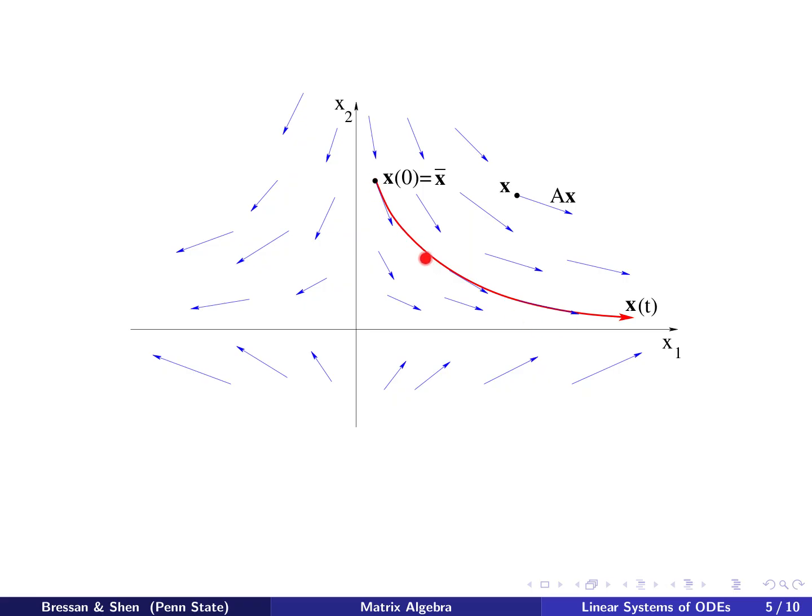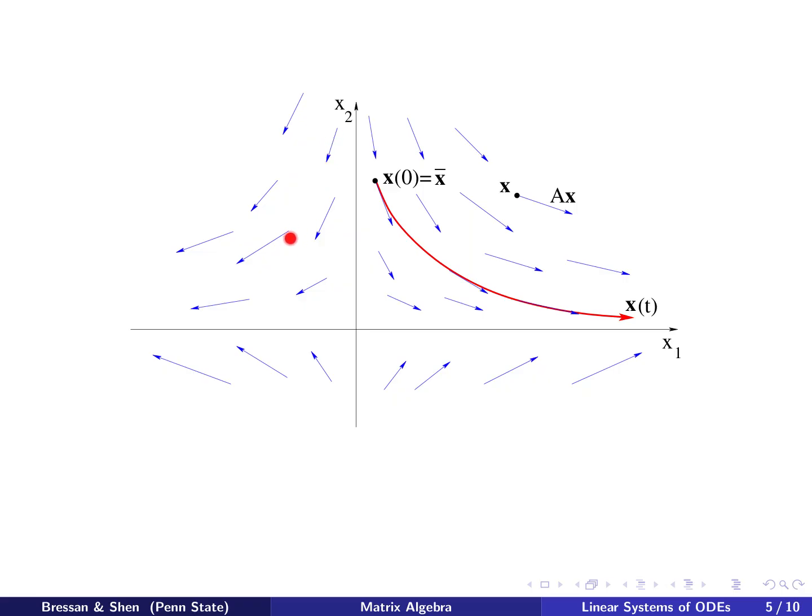Then you would follow this direction and you would bend, and you would approach the x1 axis as time goes to infinity. A similar trajectory sketch can be done in this quadrant. You will have an initial condition, for example, here.